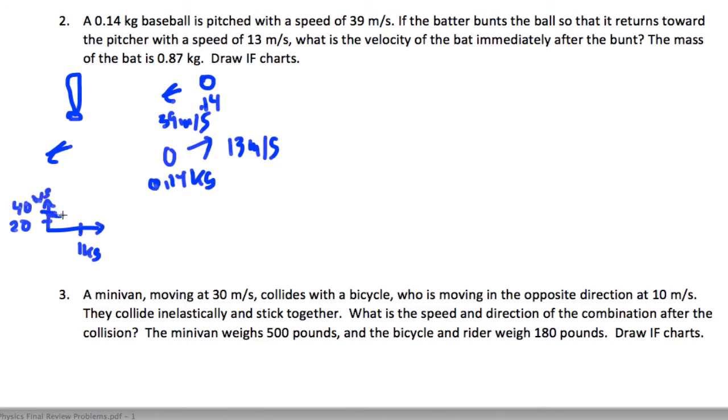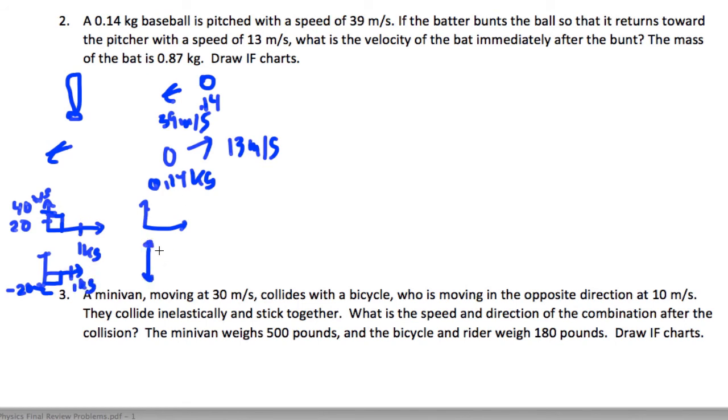We're going to have the speed kind of like this for the baseball, and the bat's just at 0. Then we'll make this the positive direction. The way the baseball goes backwards is a little bit different. After it's hit, the baseball is going to go back at negative 13, so we'll make this negative 20 down here, and that's about 1 kilogram out here.